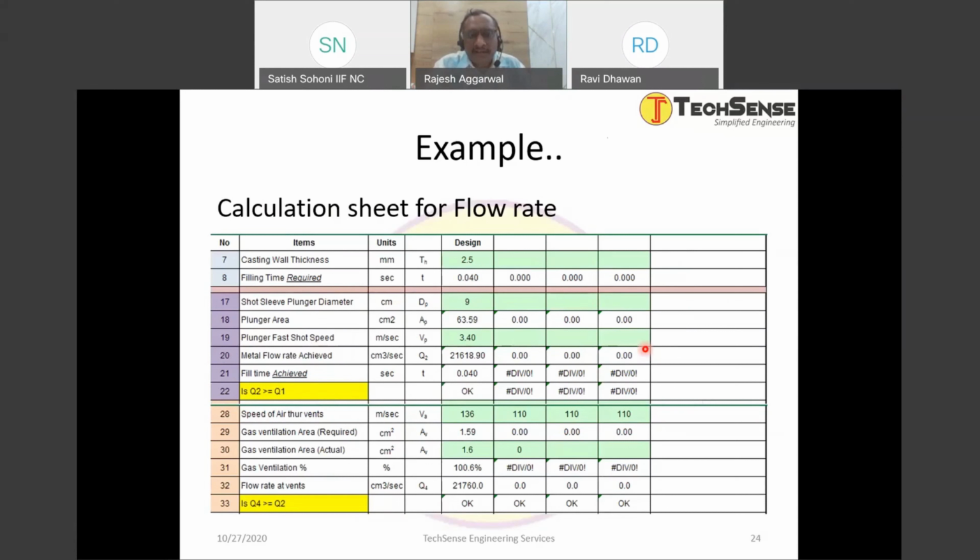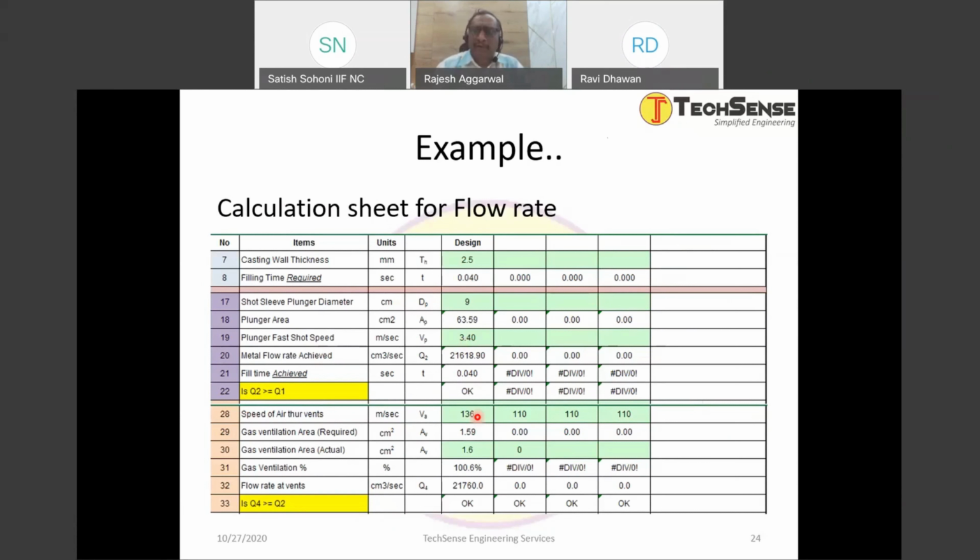It is just an indication to understand, right? If you are providing 100%, your flow rate will be good, right? If you are not providing 100%, you can still achieve the same flow rate, but you may have to increase the speed of the air through vents. Are you getting how it is behaving?